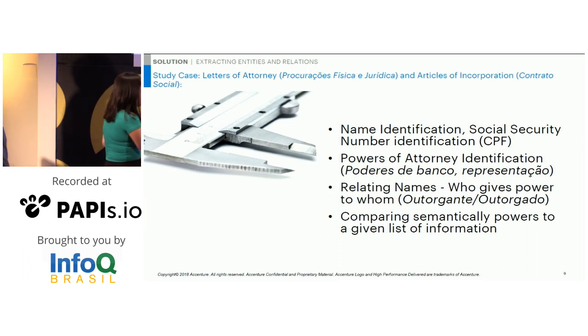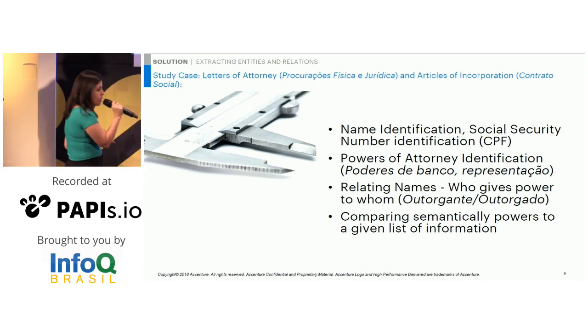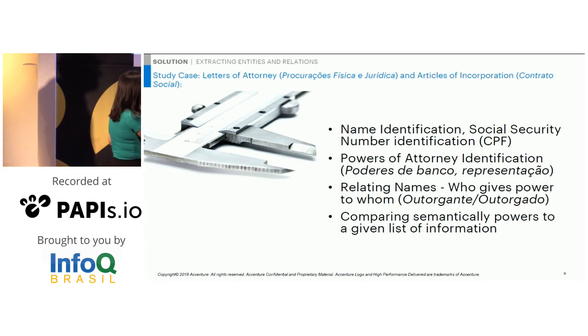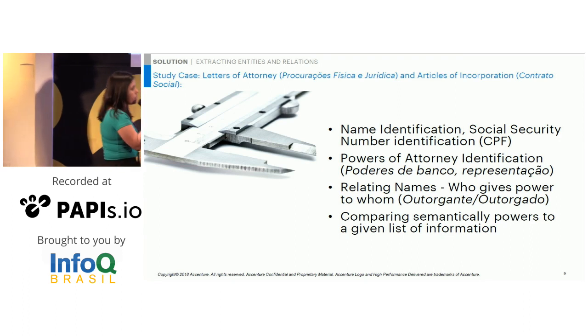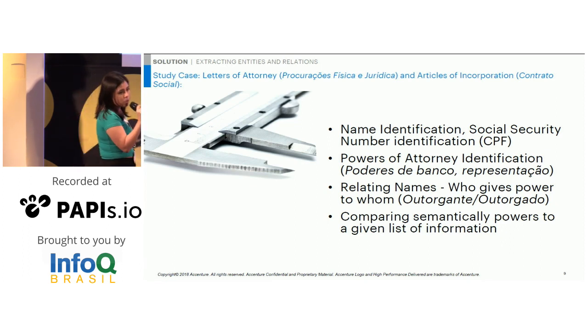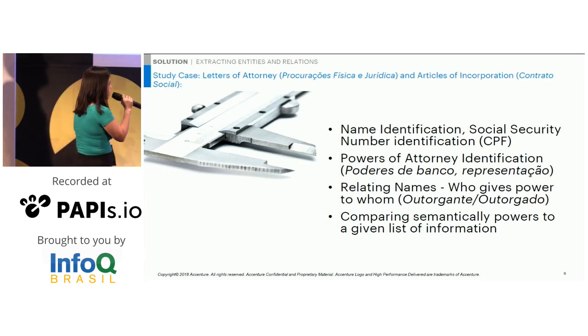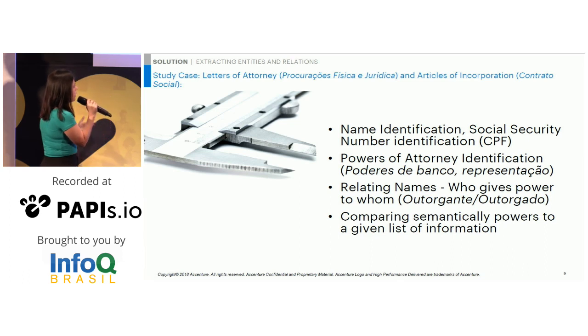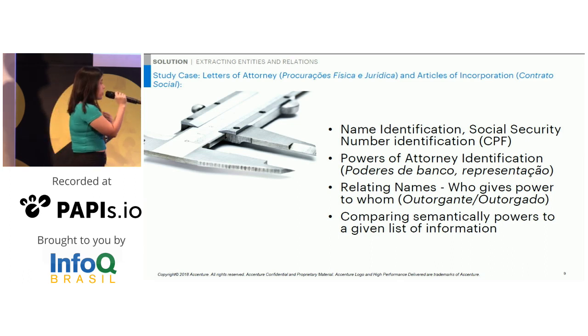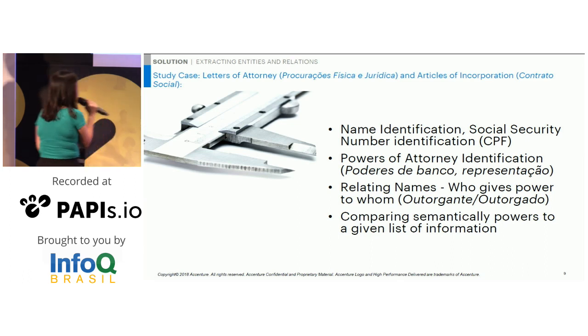It's important. And once we have the entity linking task, we can identify that. In this case, in the Portuguese document, it's called outorgante and outorgado. After that, we had the powers. Someone can open bank accounts or something. And we had to compare semantically those powers to a given list, you know?